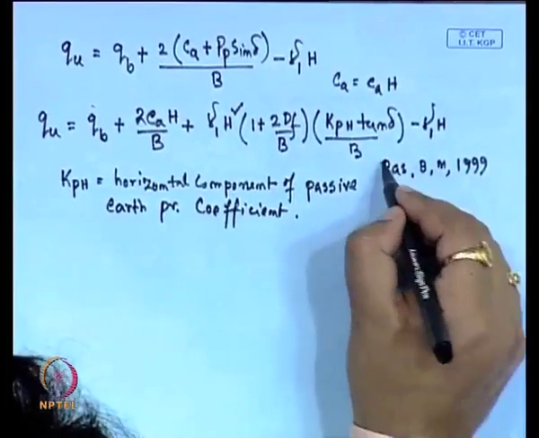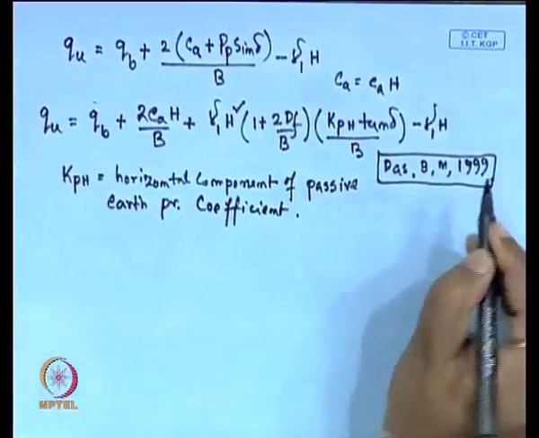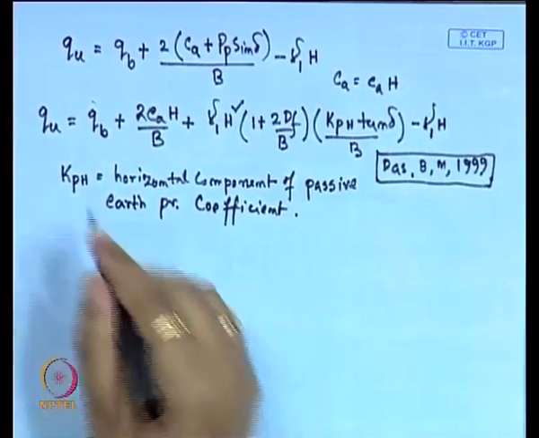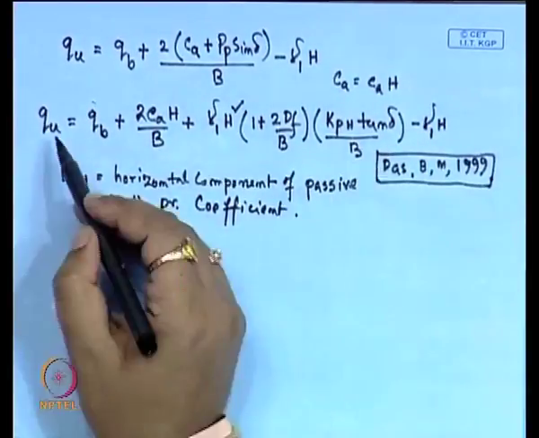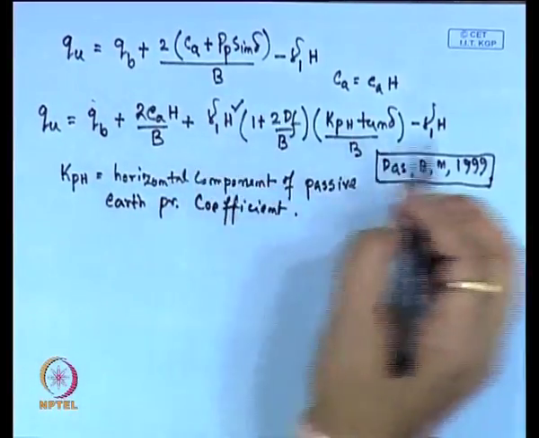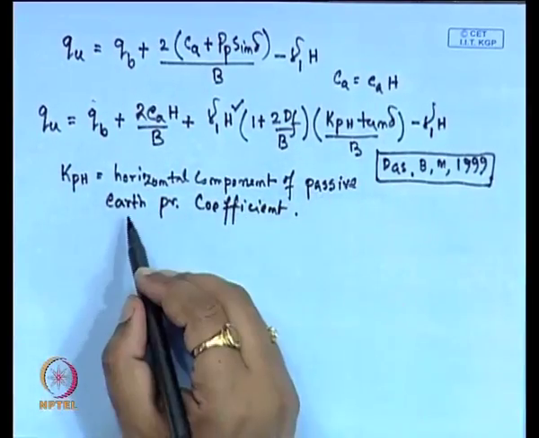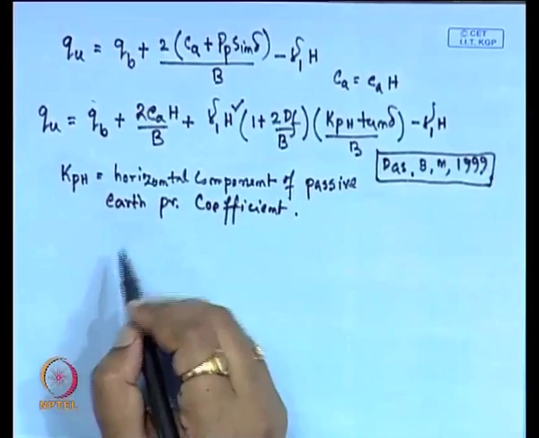So, this is the final expression that we are getting to calculate the ultimate load carrying capacity of this layered soil. K p h is the horizontal component of the passive earth pressure coefficient.